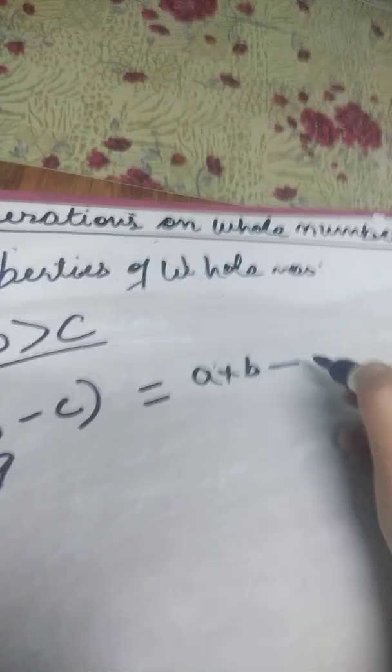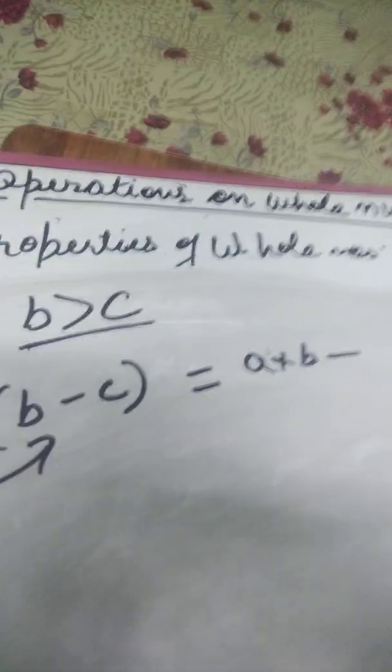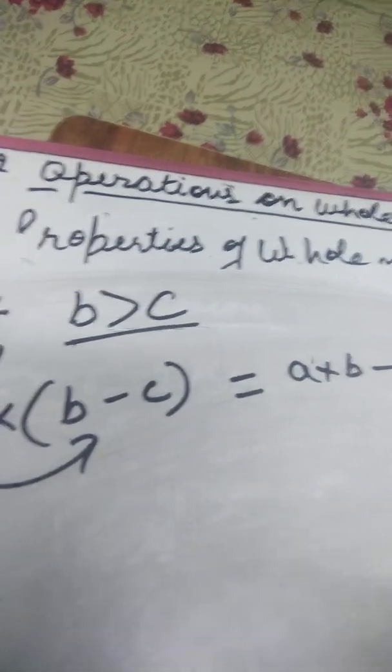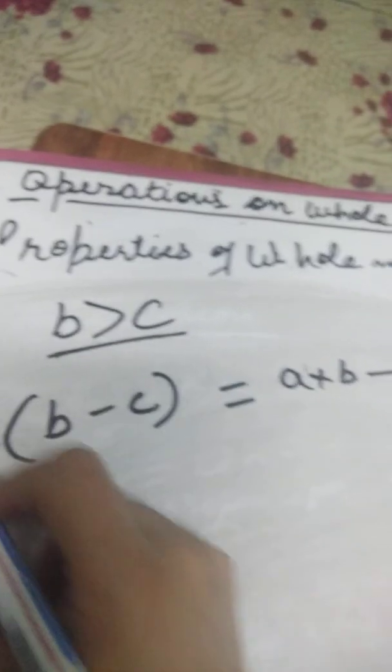Previously it was plus, so we had to put plus. Next, A multiply C.